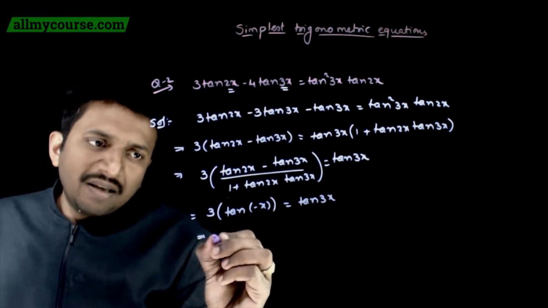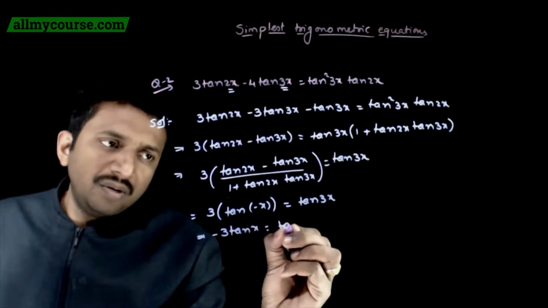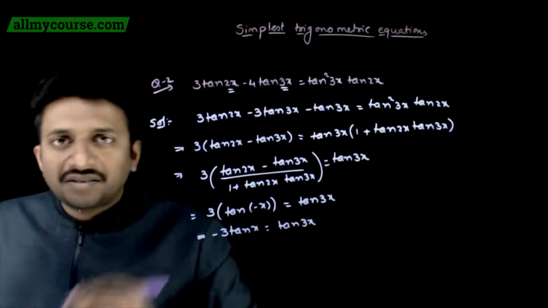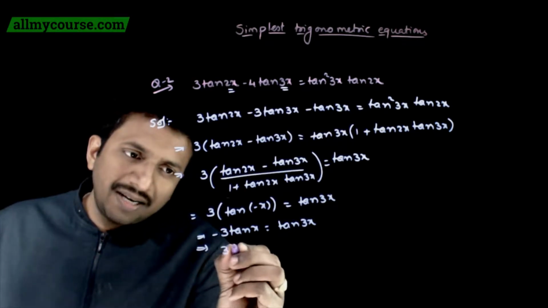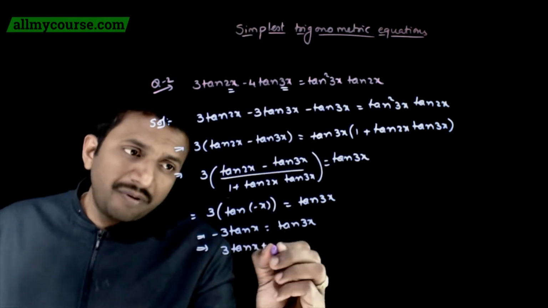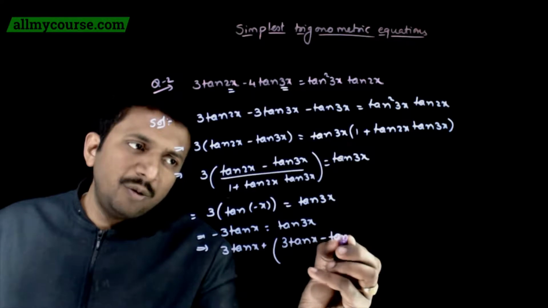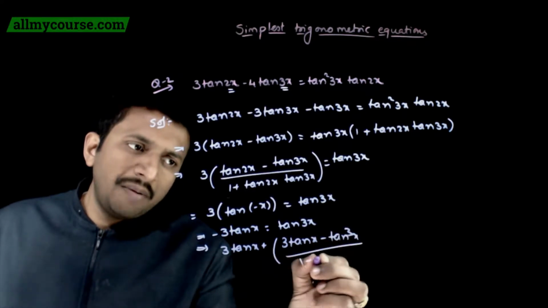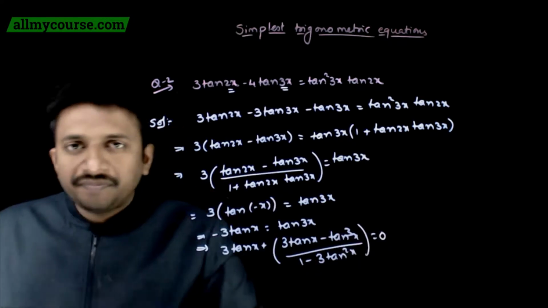So this implies minus 3 tan x is equal to tan 3x. If you send minus 3 tan x to that side, you get 3 tan x plus tan 3x. What is the formula for tan 3x? It is (3 tan x minus tan cube x) by (1 minus 3 tan square x), and this is equal to 0.